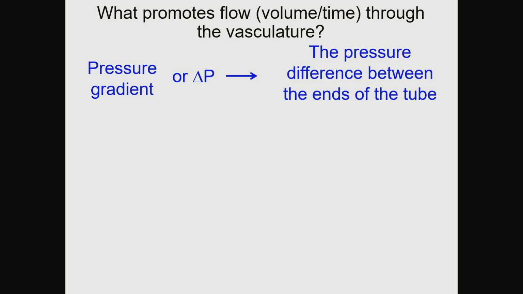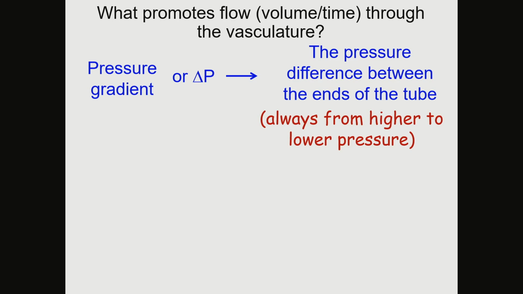So that's what promotes flow. If you think about it, when you turn on a hose and you put water in on one end of the tube, that increases the pressure on that end and causes the water to move throughout the hose. And obviously we're always going from higher to lower pressure.